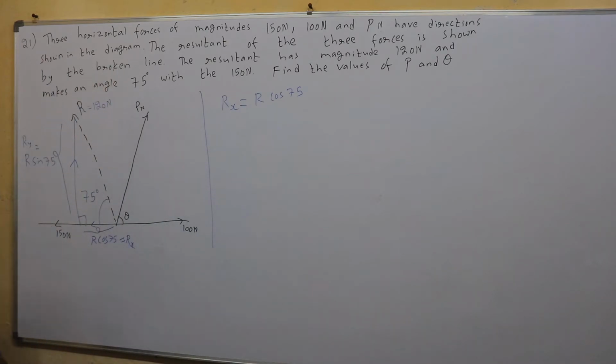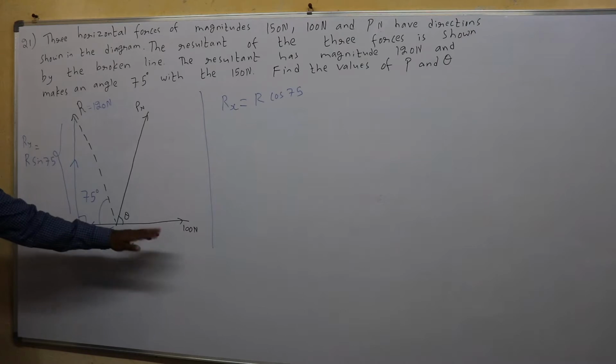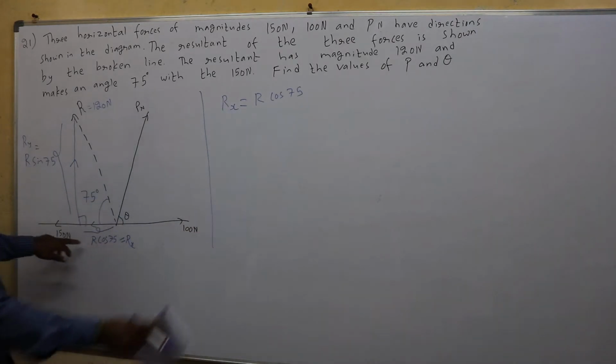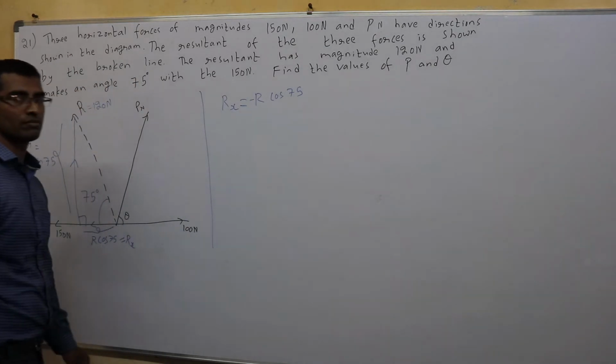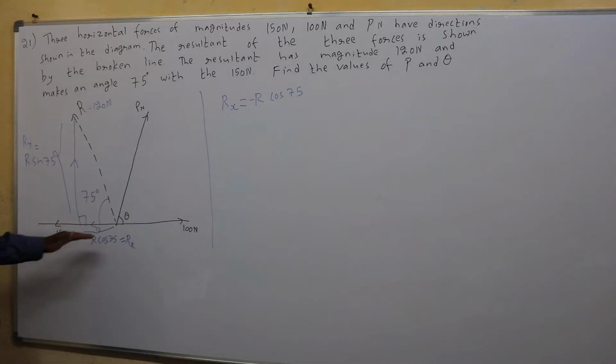Clear? So let us find out Rx now. What all are acting in the negative and positive x-axis direction? It's in the negative x, so place a minus sign here.